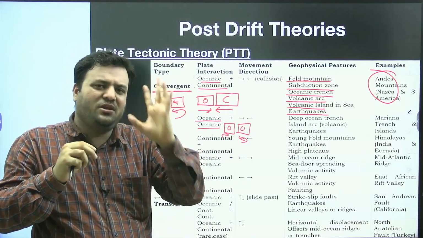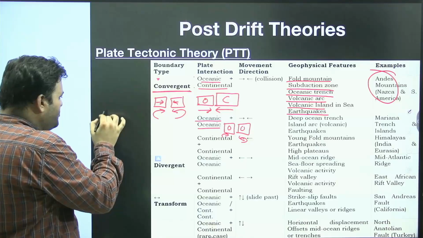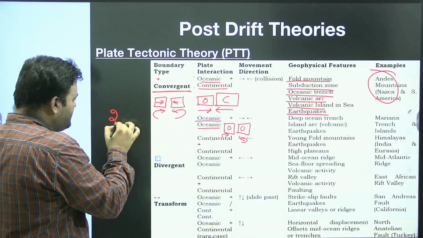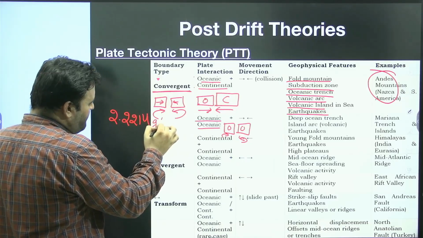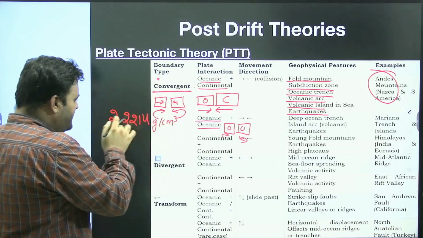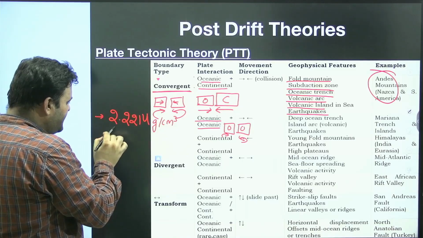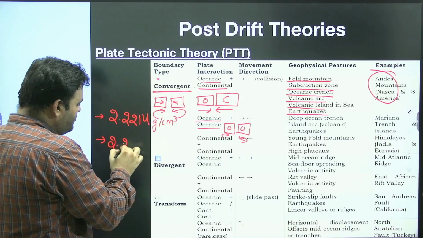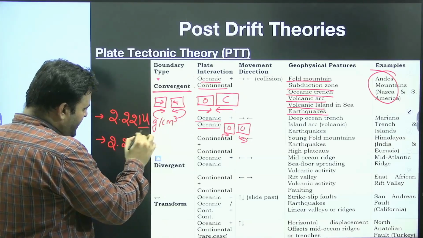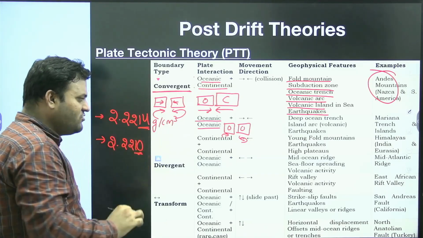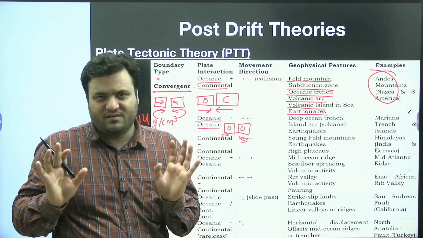Suppose one oceanic plate has a density of 0.214 gram per centimeter, and another plate has a density of about 0.10. Comparatively it is what? Less.